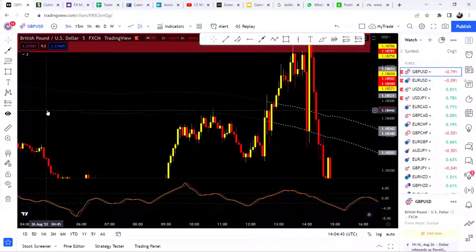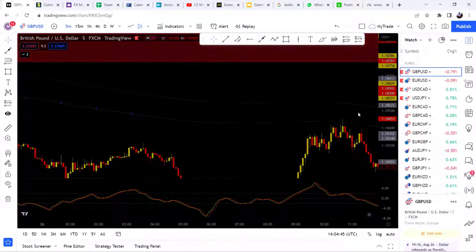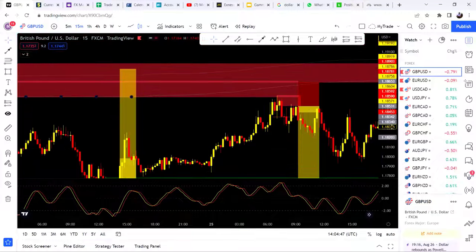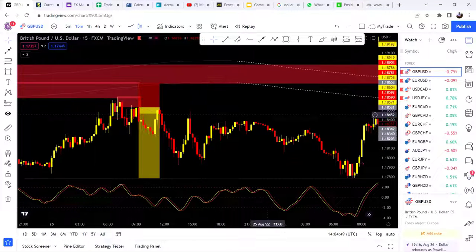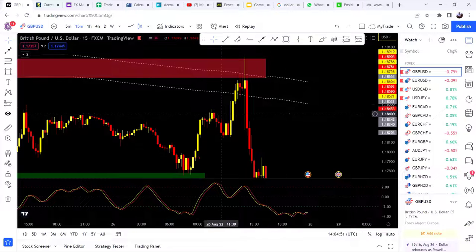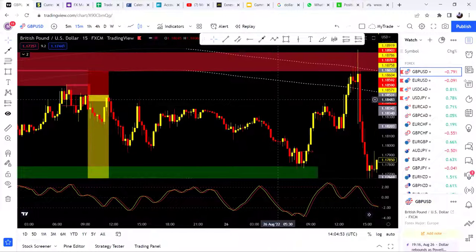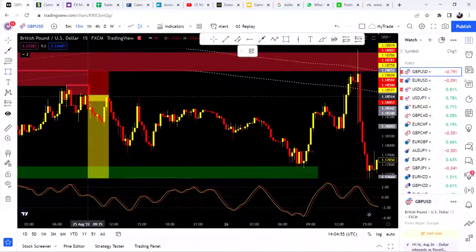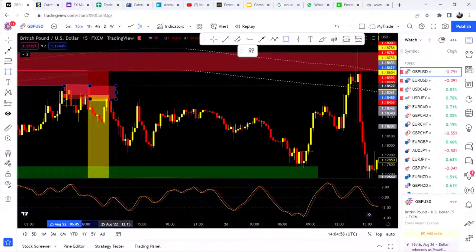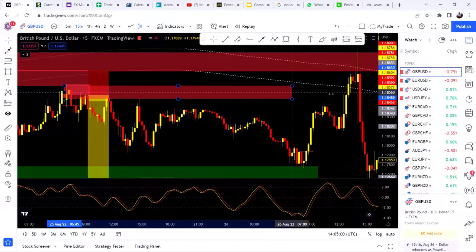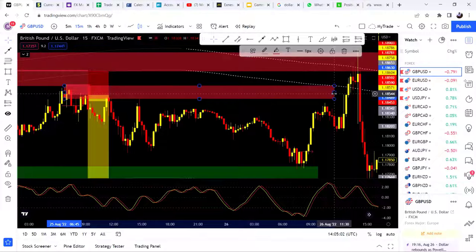So the next trade, which was this. I think I was waiting for an entry around this place, and the POI.